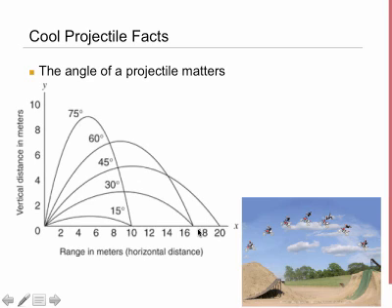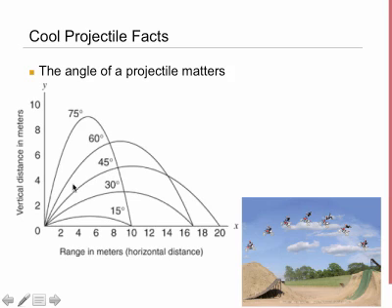Why do you think 45 degrees gives you the longest distance that you can travel? If you said it's because 45 degrees has the same vertical velocity as horizontal velocity, you're correct. That gives you the longest distance possible, making it the best angle to fire something.